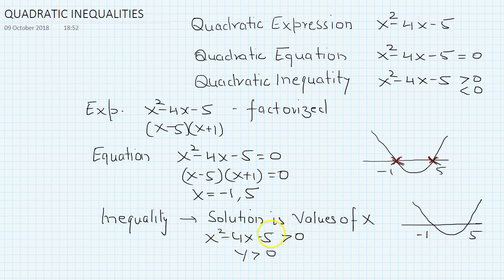Generally it's f(x) or y. So it means whatever is the value above this line, because above this line y is positive, so it is greater than 0. These are the values, and that is the solution.